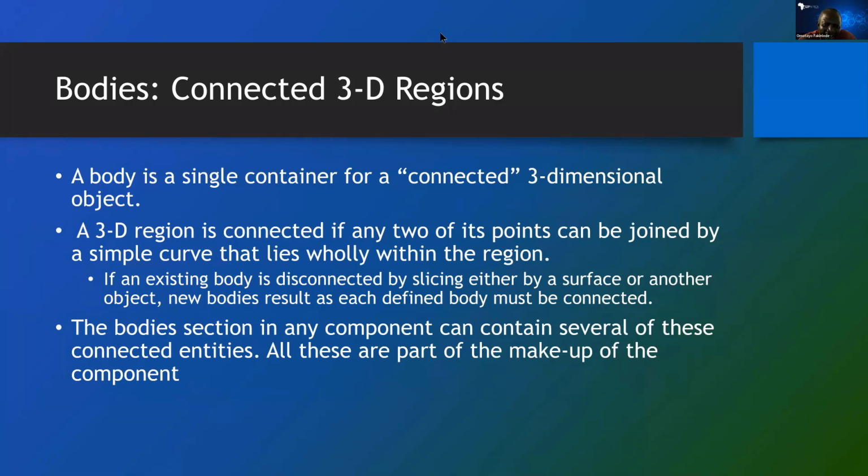Maybe I should take a diversion here and say there is a difference between the way a donut is connected and a sphere is connected. A sphere is an example of a simply connected region, whereas a donut is a multiply connected region, but both regions are connected.